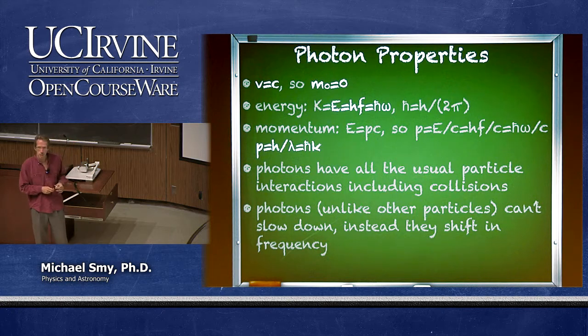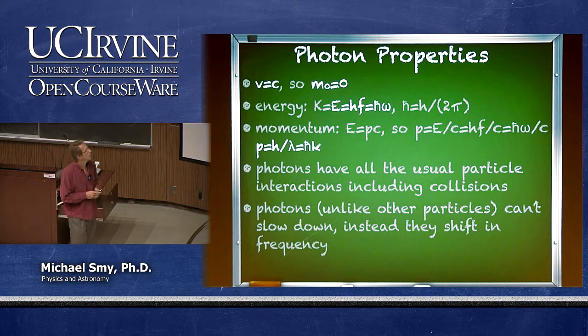And kinetic energy and energy are the same thing because there's no rest mass. And the momentum is just given by the energy divided by the speed of light. And therefore, since we know that the energy is h times f, or h bar omega, divided by c, we get that the momentum of the photon is the Planck quantum divided by the wavelength, or h bar times the wave number k.